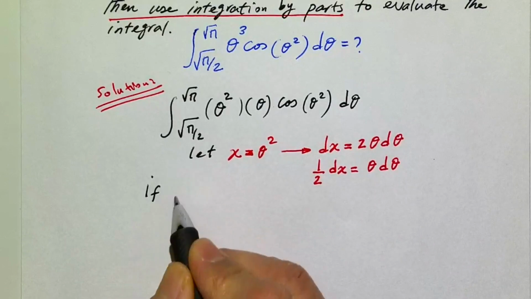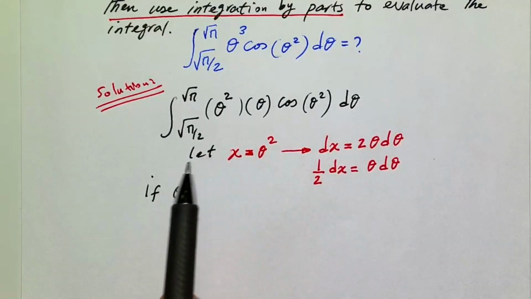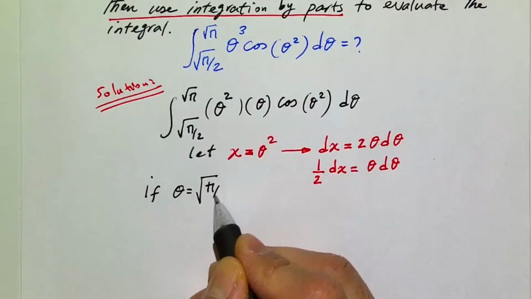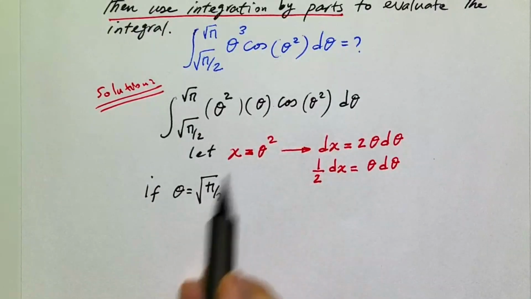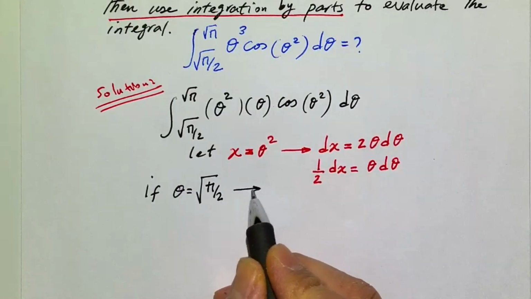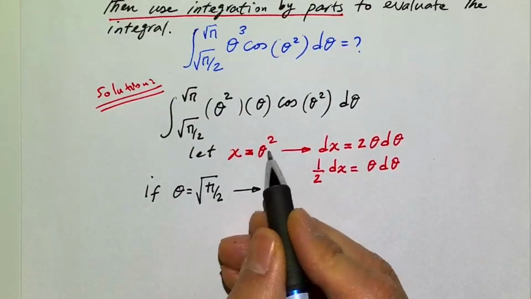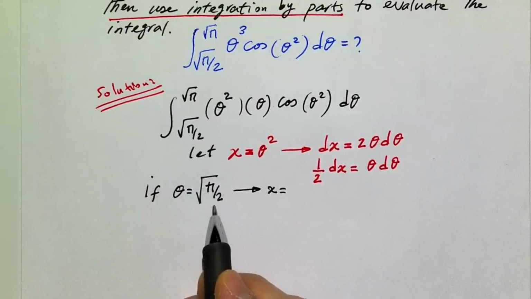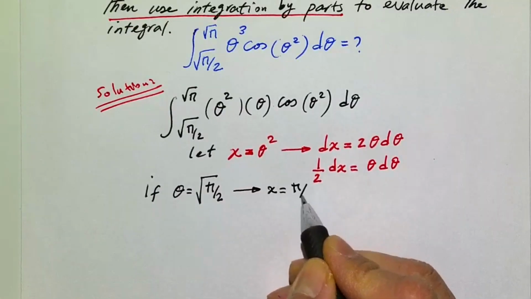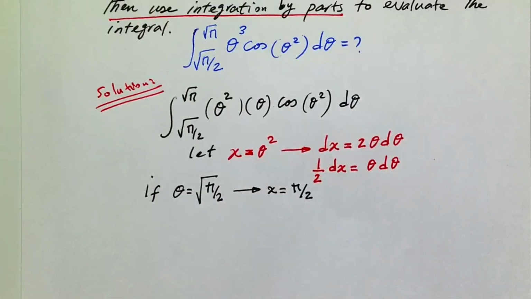If theta is equal to the lower limit, the square root of pi over 2, then x is the square root of pi over 2 squared, which gives us pi over 2.